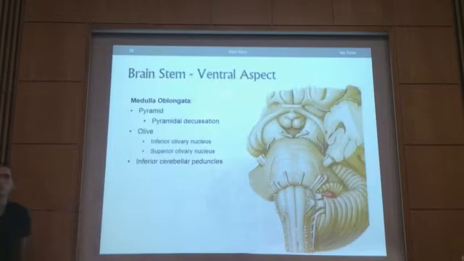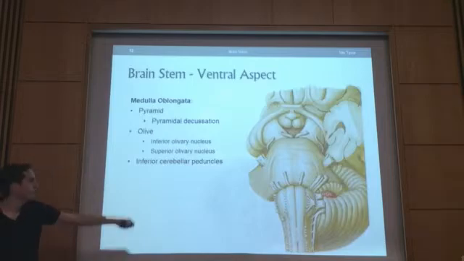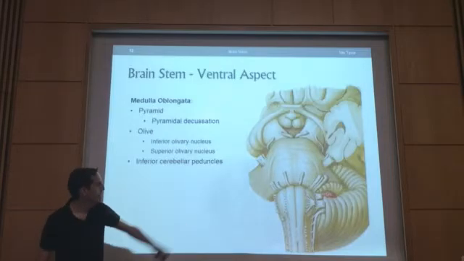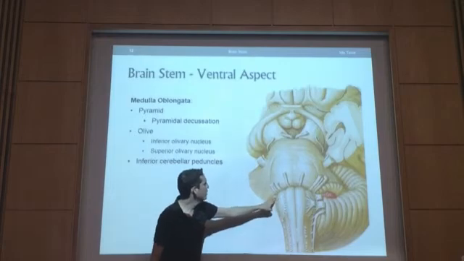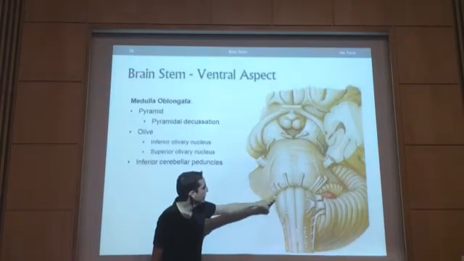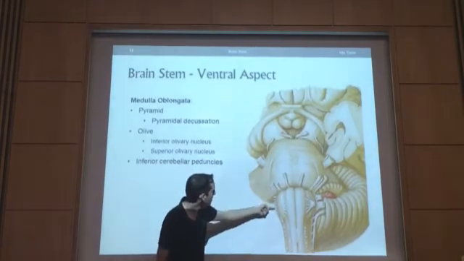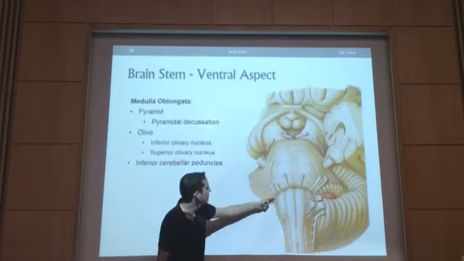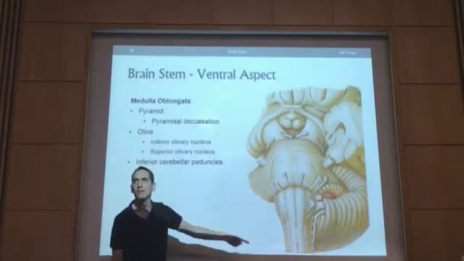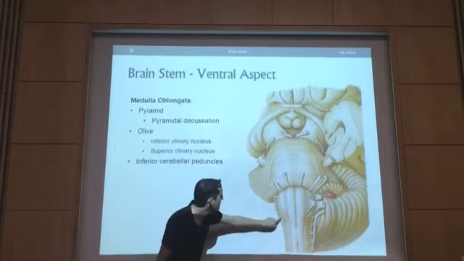The inferior cerebellar peduncle connects the cerebellum to the medulla oblongata. These are roots of cranial nerves, so it's not that visible. But beneath it, we'll see it better in the next slide. But in here you can see all of this.